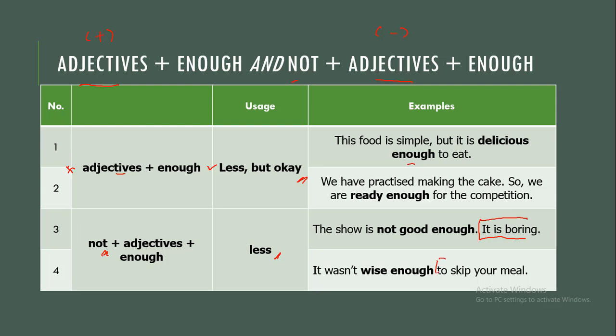So this is another indication which makes the information clear. It wasn't wise enough. We never say it wasn't enough wise. Remember the rule of enough. When it pairs with the noun, it comes before the noun, but when it deals with the adjective, it comes after the adjective.